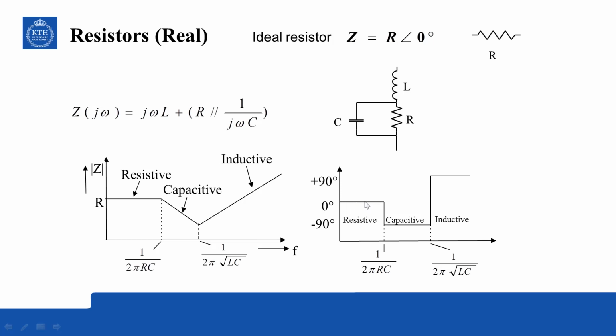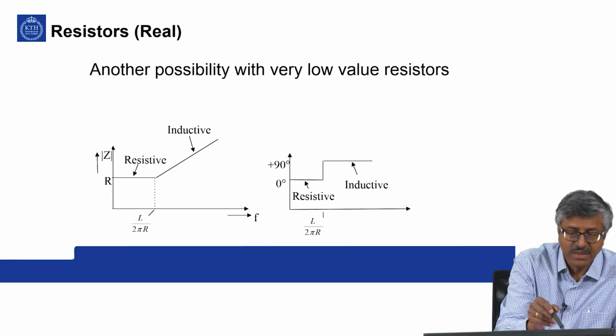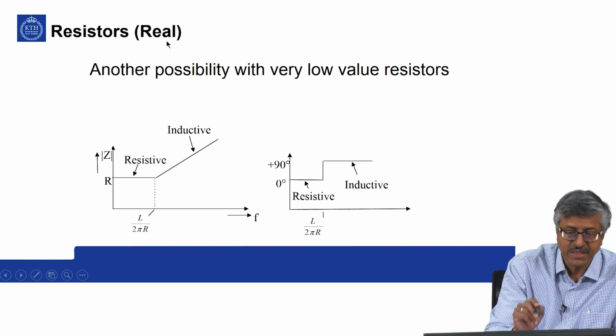We will see in the next slide another case where you don't have this capacitive phase, in which the resistance goes directly from resistive to inductive phase. This happens mainly with low value resistors. That we will see in the next slide. Real value of resistors.